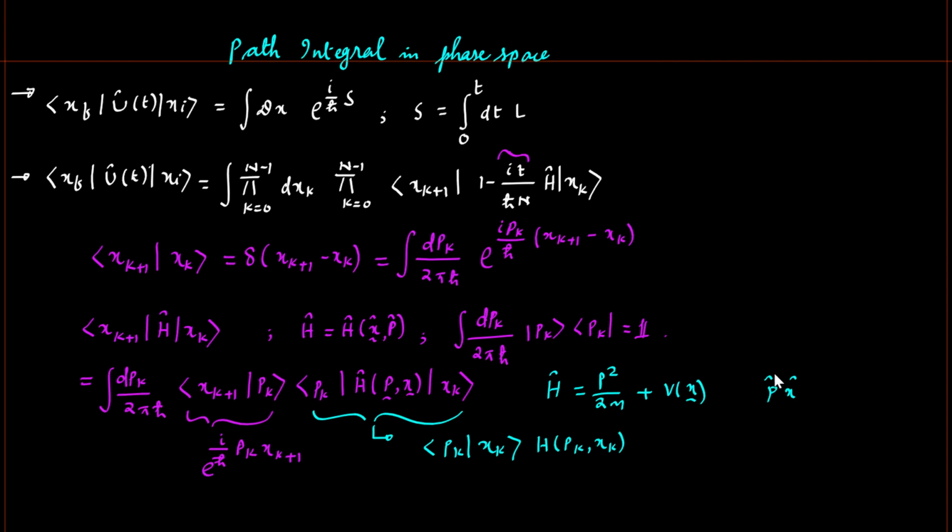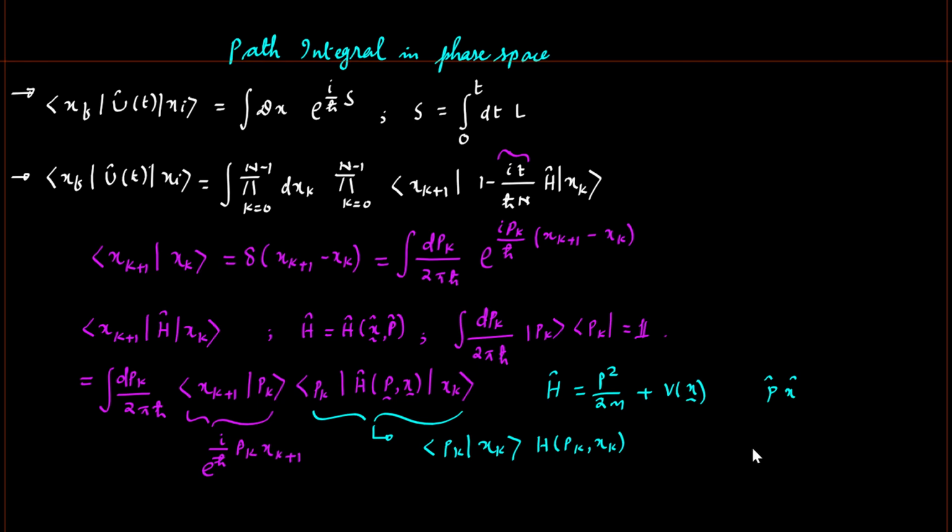This is how we adopt an operator ordering. Or more generally, we can adopt a new operator ordering, what we call the Weyl operator ordering, which is nothing but the average over all possible orderings with equal weight.